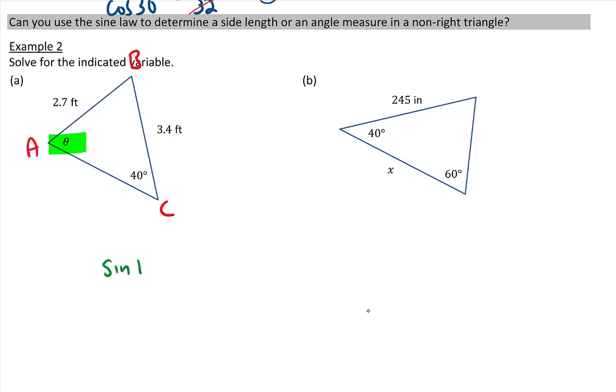So we're going to start with sine of angle A, which we know we have to take over the side of A. And the values that we know is C and side C. So we're going to compare that to sine C over side C. So there's A and there's C.